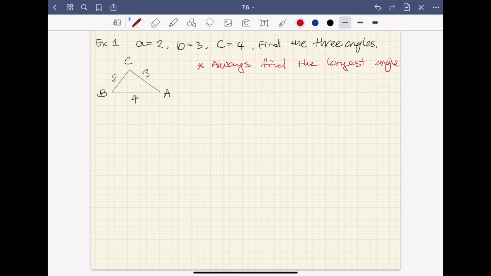Why is that? The reason is that if you find the largest angle, it will guarantee that the other two angles are acute, so they're less than 90 degrees. How is that useful? It's useful because if you're guaranteed that those two are less than 90 degrees, then you can use the law of sine to find the other two angles.